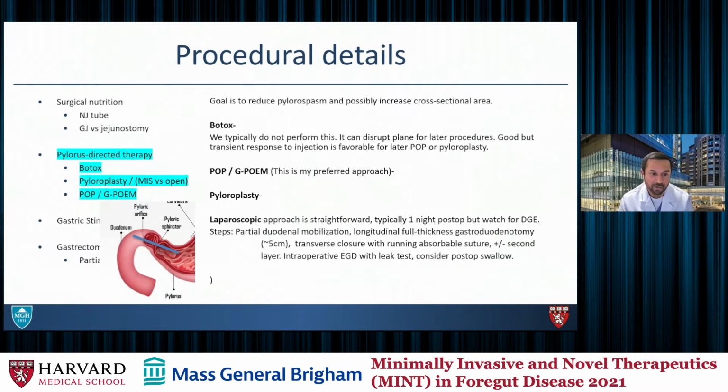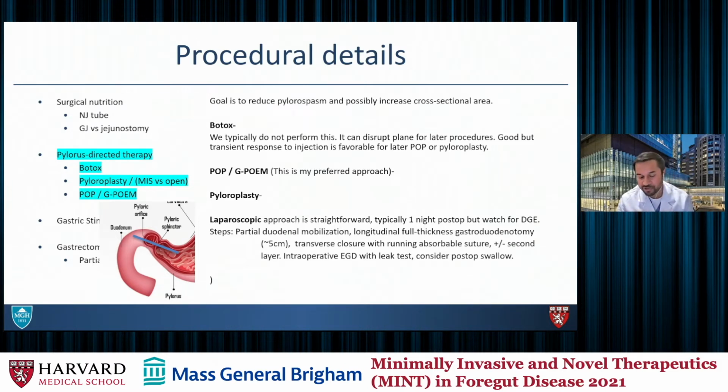The next category would be pylorus-directed therapy, which includes Botox, pyloroplasty, and the new technique POP, which is peroral pyloromyotomy. The first one, Botox, we typically do not perform. I've actually performed this on patients undergoing esophagectomy.